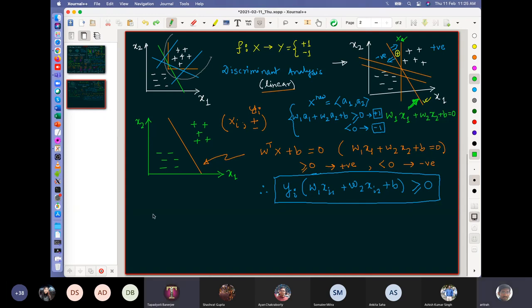Now see, how do we define middle? Our next thought is that one way is to take the perpendicular distances of every training point to this line. So for a training point xi, what is the perpendicular distance to this line? The line you know is this.